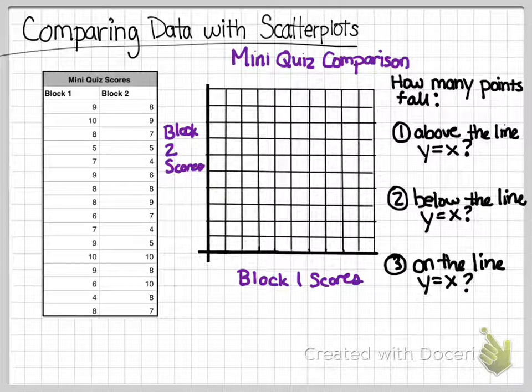And we need to pay attention to our scale too. If you look at my axes, I have 10 tick marks in either direction, and the mini quiz scores go from 1 to 10. So I'm going to put a little mark at the bottom of each and label them.